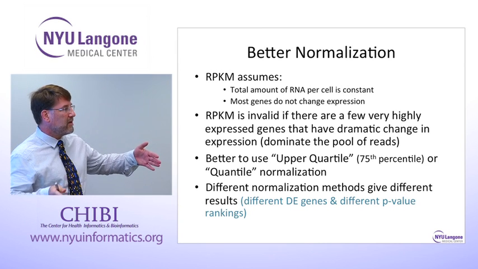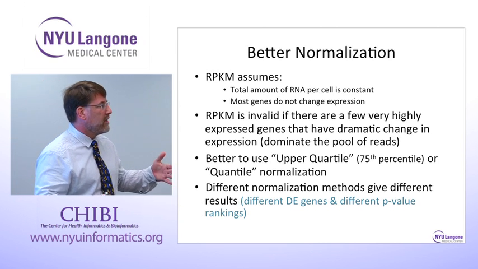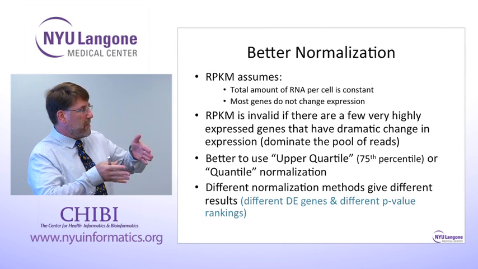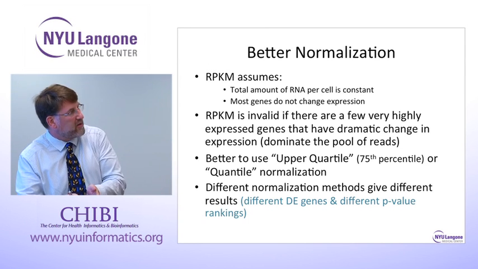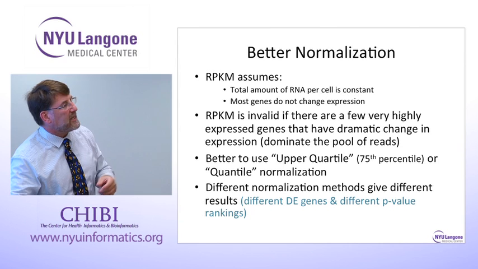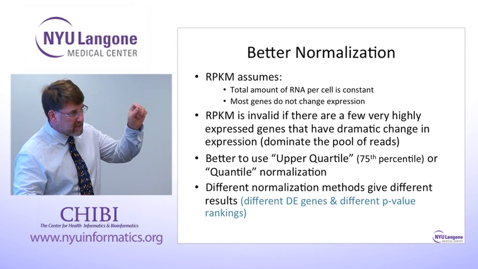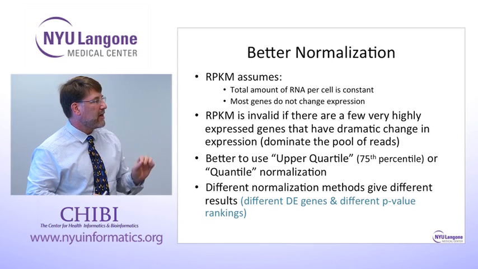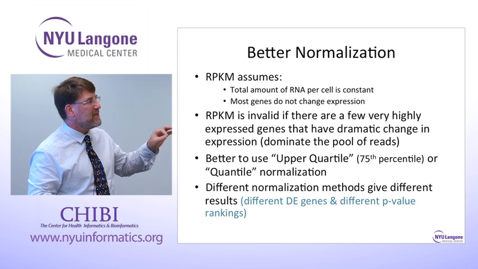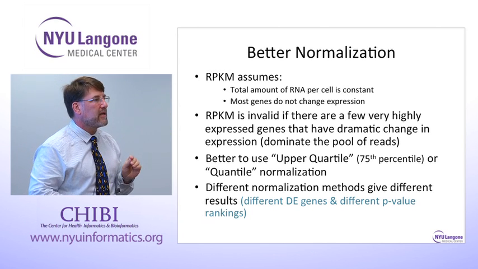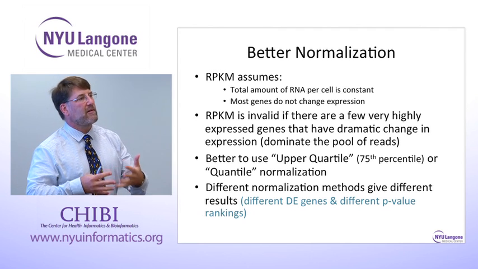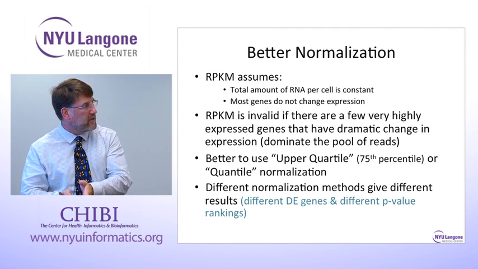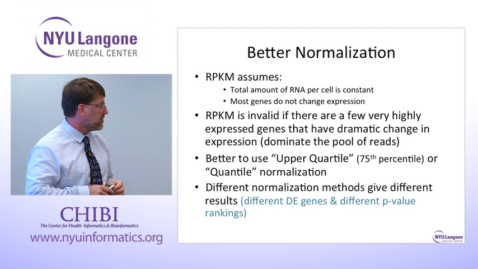You have 2 million or 200 million reads, and they're distributed among all the different genes. When one gene is using up a lot of those reads, all the others are squashed down. That doesn't happen in a microarray. Each hybridization chamber or cell, or whatever you want to call it, is more or less independent in measuring its signal. Whereas here, the signals are interdependent. A few things using a lot of RNA are going to reduce the signal from everything else.